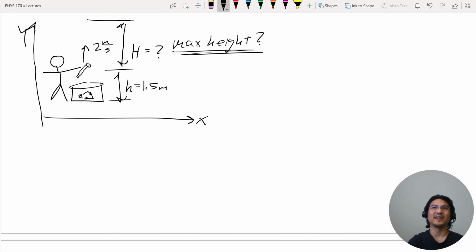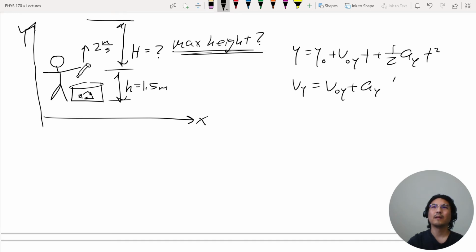So then we can say, and then if this is y, then we know things like, and then velocity. And you could combine these two equations, right? And then you have something like this.